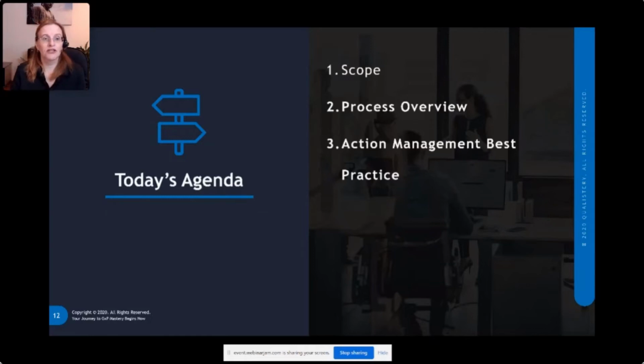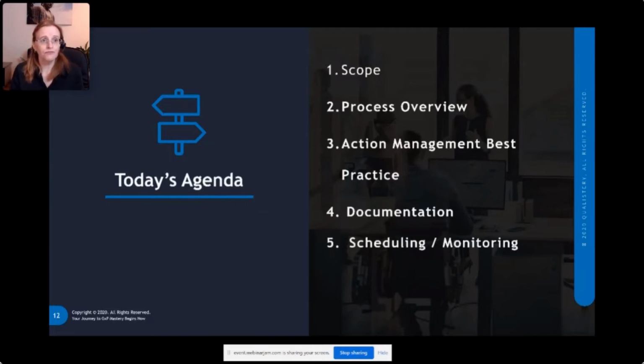We're going to have a look at how you document your corrective and preventive actions, and again, documenting things really well is going to help you enormously. Scheduling and monitoring: most people don't do this very well at all, so some hints and tips here for you.